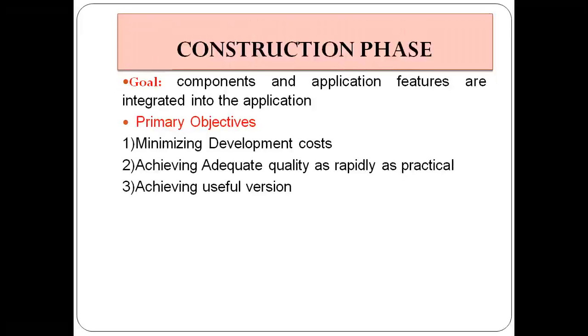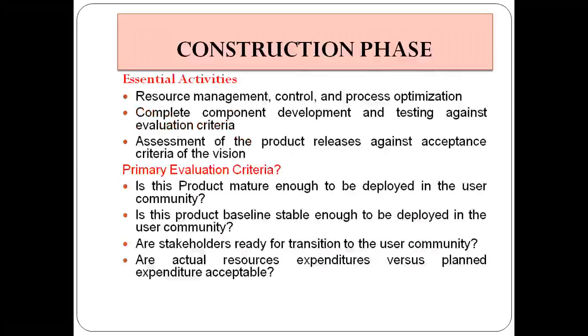In order to achieve these objectives, the essential activities are that we have to concentrate on resource management, control management, and process optimizations. The next essential activity is that we have to complete the component development, and do the testing against the evaluation criteria.